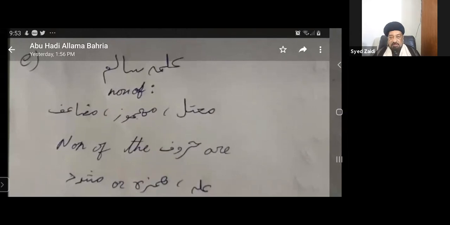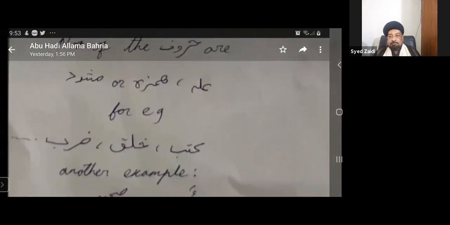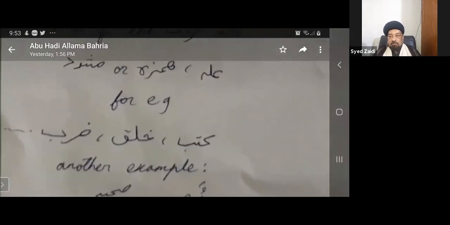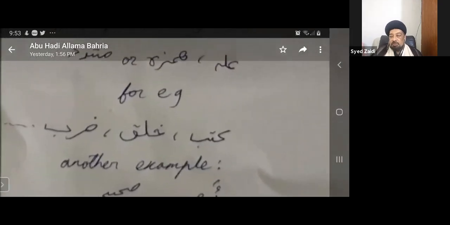For example, kataba, khalaqa, daraba. Over here you find there are no huruf illa, no huruf mushaddad. Huruf mushaddad, if you've learned before, are two of the letters of the same kind, which are the root letters. They're not there in khalaqa, likewise in daraba.